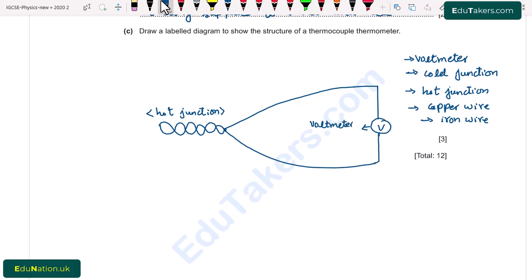And it is the cold junction. At this point is copper wire, and at this point there is iron wire. So we have completed the diagram of the thermocouple thermometer with proper labeling.